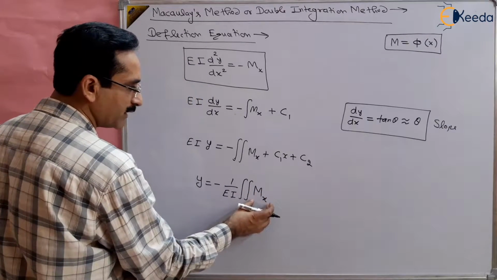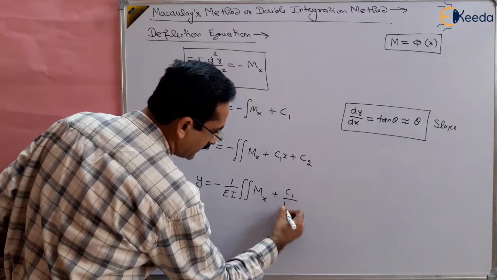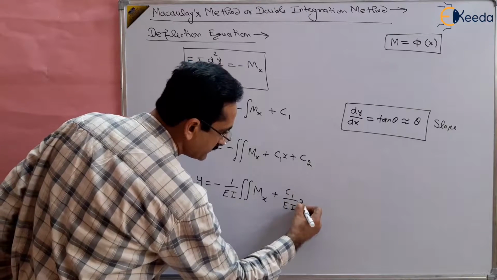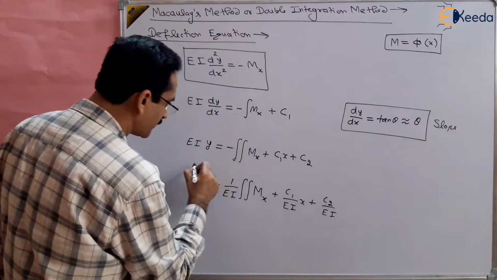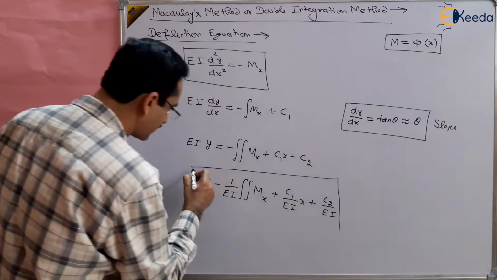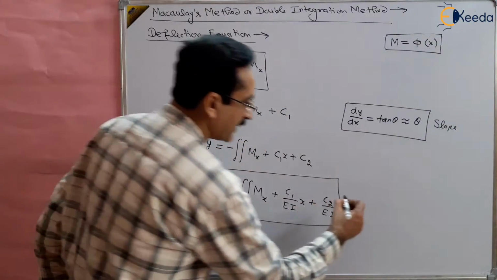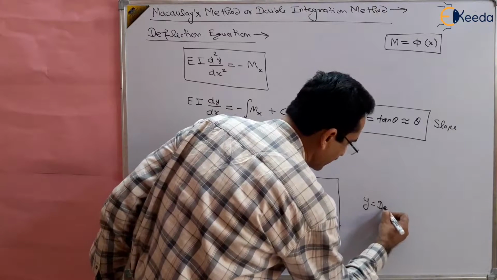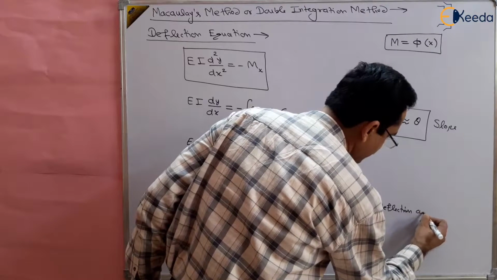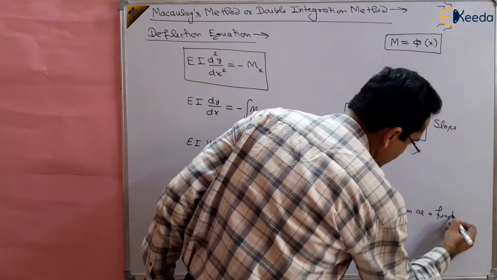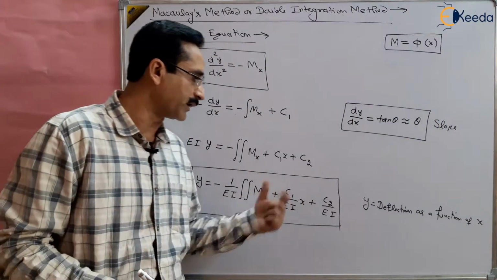So from here you will get y as minus 1 by EI double integration of M x, because it is a variable and a function of x, plus c1 by EI x plus c2 by EI, and c1 and c2 can be obtained using the boundary conditions, right? So y is the deflection as a function of x. This y we have to obtain, right?